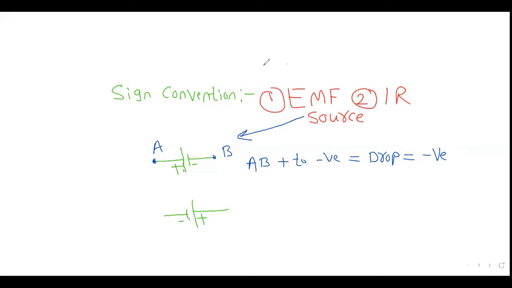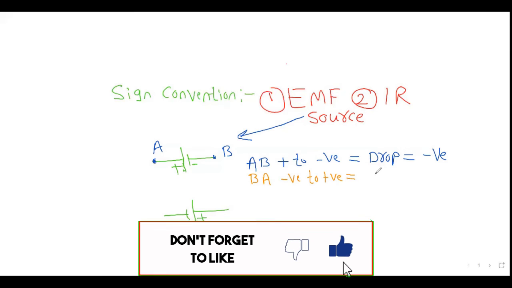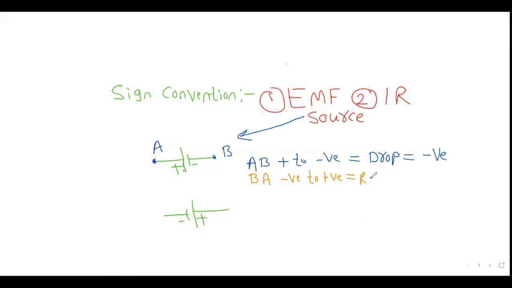Similarly, for the same circuit, if we are tracing the circuit from B to A, that is from negative to positive. Whenever we move from negative to positive, it will be a rise in the potential, and a rise in the potential is given as positive.